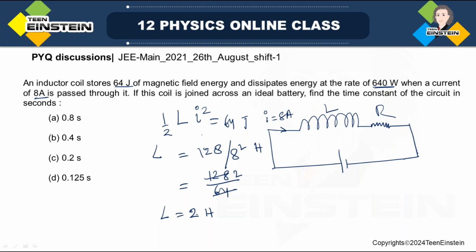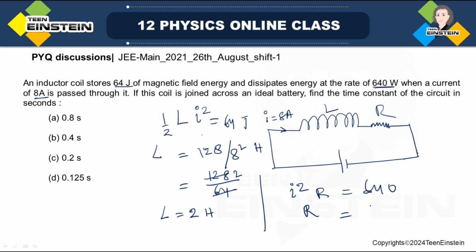Okay, and R I have to find out. Heat dissipated through R is given as I square R, which is again 640 joule per second. That is the watt. What is R?